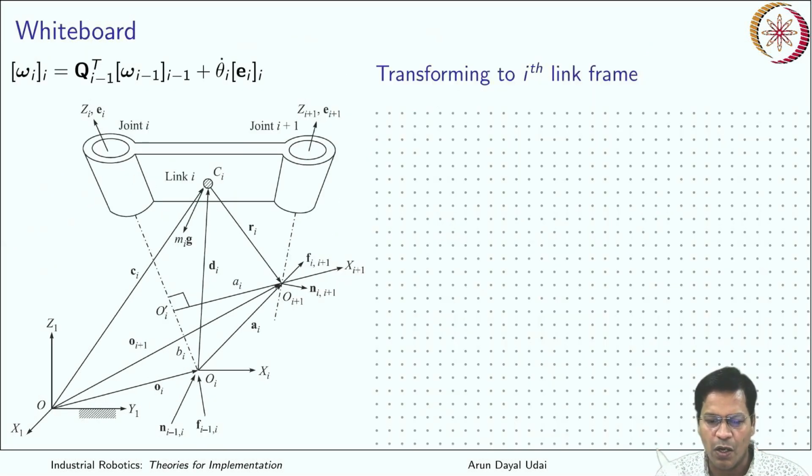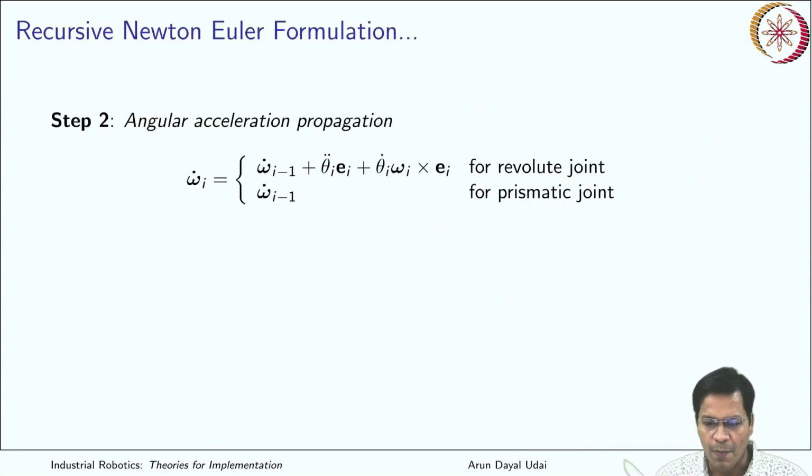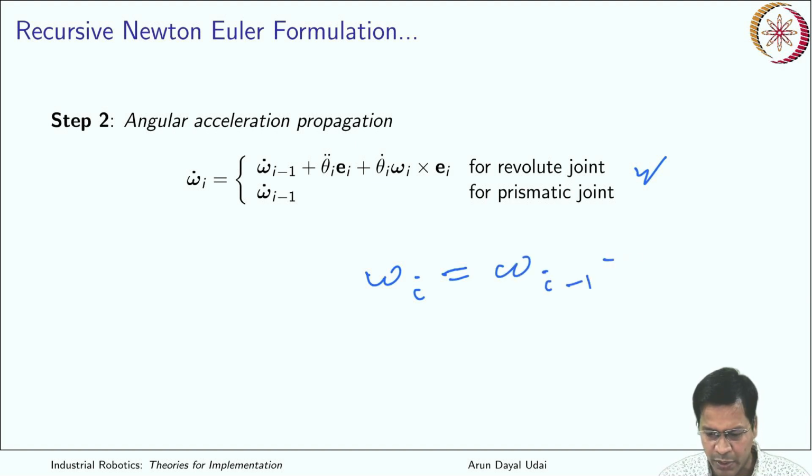Now, moving ahead. In the case of angular acceleration, I did nothing. I simply took the derivative of omega I, which we obtained earlier, and you can directly get to this. Omega I was equal to omega I minus 1 plus theta I dot into EI.